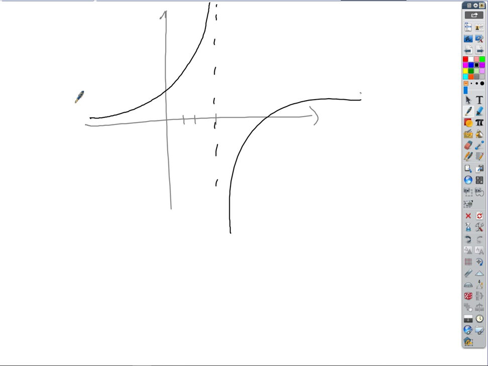This is f of x. See the answer? Positive infinity.